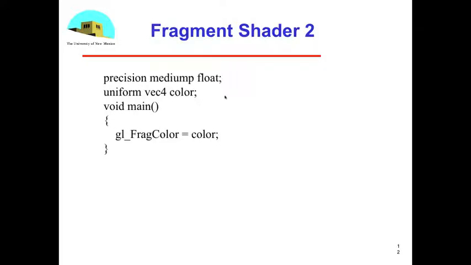Okay, the fragment shader is totally trivial. It's just the color that I send in as a uniform, and for the first half of the particles I'll send in magenta as the color. For the second half I'll send in green as the color. So those are two pretty simple sets of shaders.